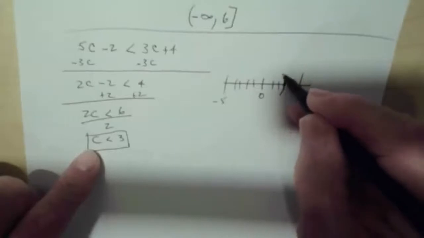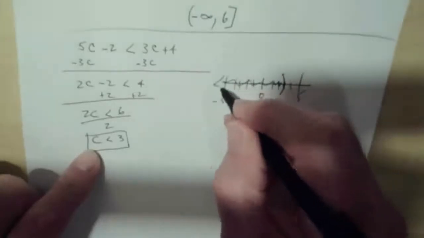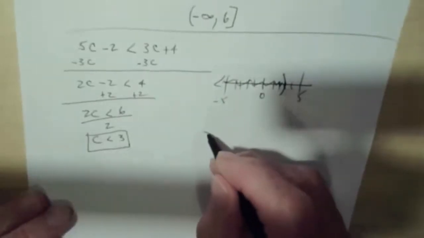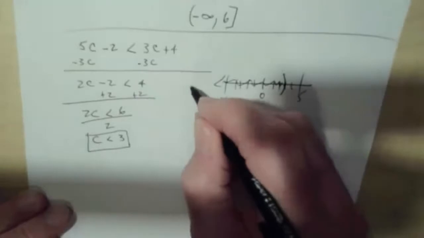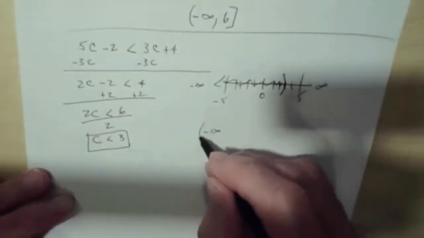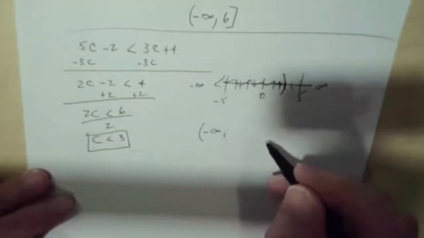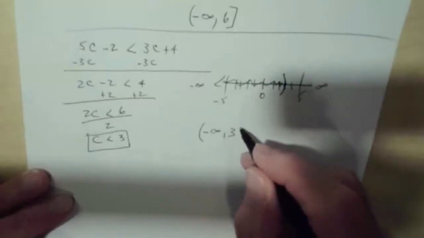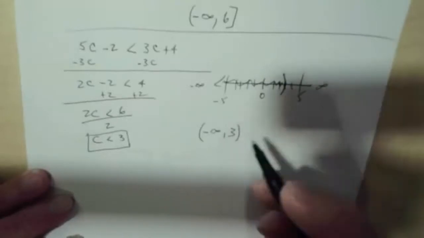Now our interval notation is, what's on the low side? Negative infinity. You've got negative infinity on this side and positive infinity on this side. Negative infinity with a parenthesis because it never ends. And on the high side, the most this can be is 3, again with a parenthesis.